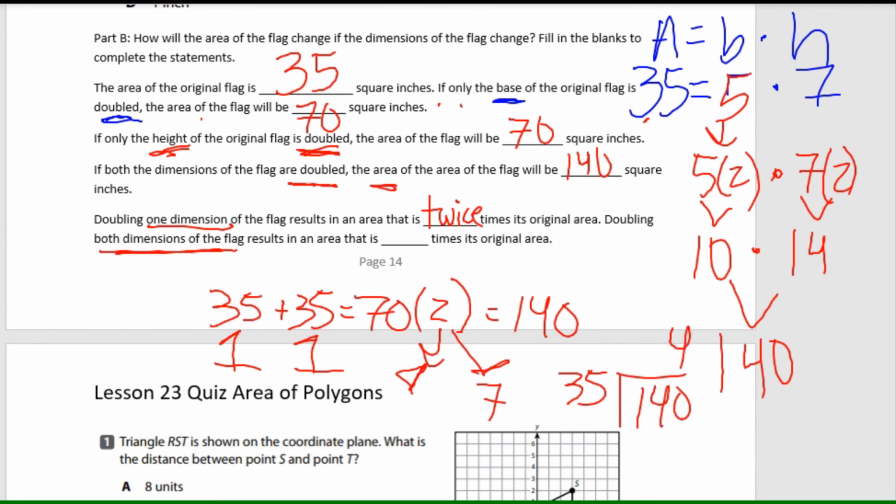So if we double both dimensions, we get an area that's 4 times greater than the original flag. So you can use division. You could have divided 70 by 35 to get how many times 35 goes into that.